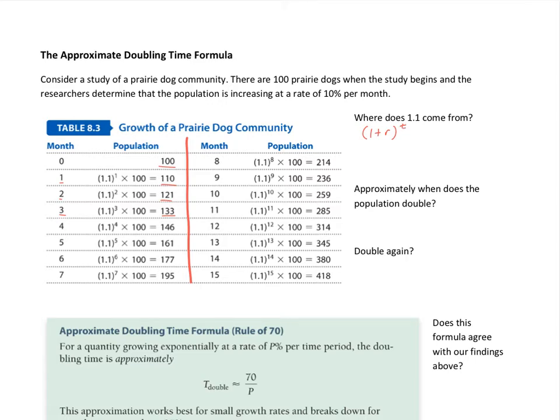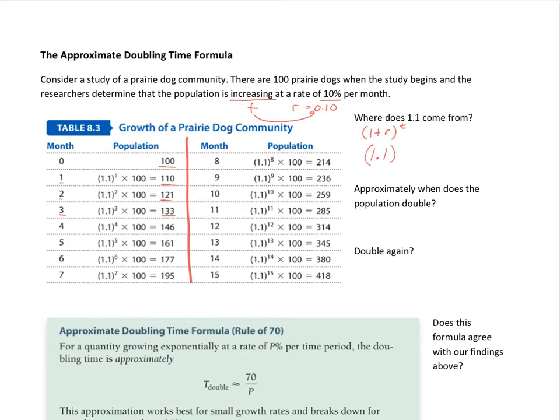And t can represent months or years or whatever. But r is the rate at which the population or whatever it is is increasing or decreasing. In this case, because it's increasing, we know it's going to be a plus, and 10% is 0.10. So this is our rate, and we know it has to be positive. If we add 0.10 to 1, that is where the 1.1 comes from.